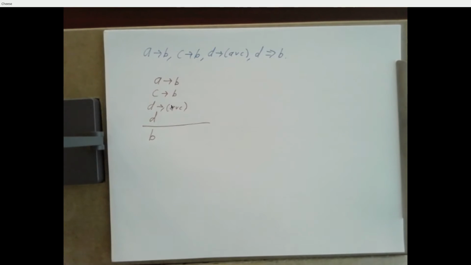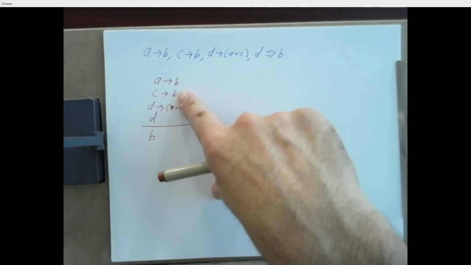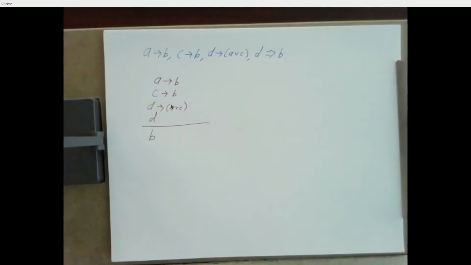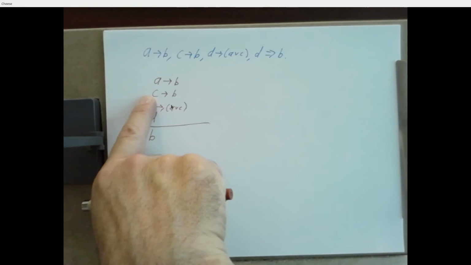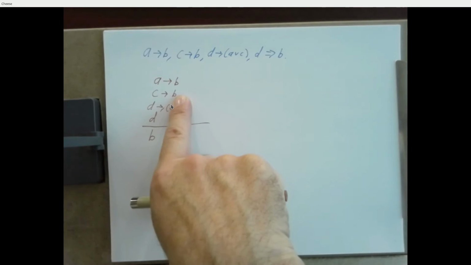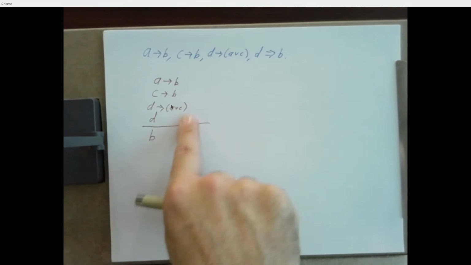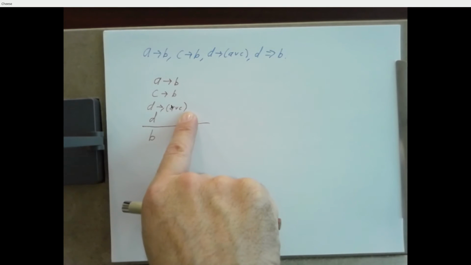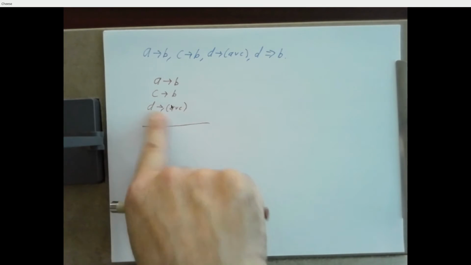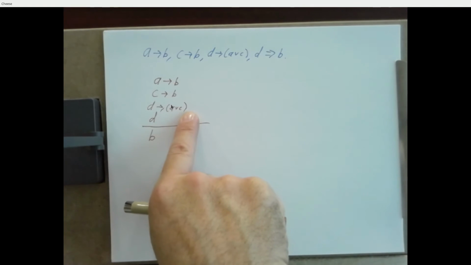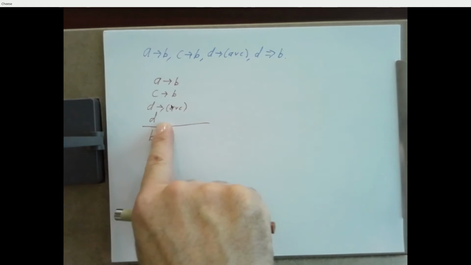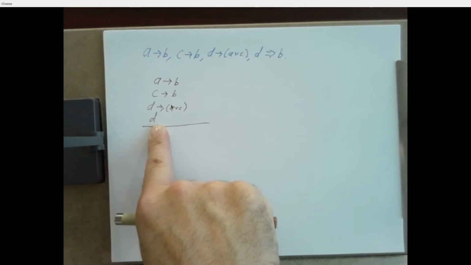Well, we're trying to get B, and these are the only 2 statements that have a B on the right side. So if we could prove A or we could prove C, either of those would give us B. Well, there's one thing we're given that has A and C on the right, and this says that if D is true, then either A or C is true. And there's only one thing with D, but that tells us D is true.